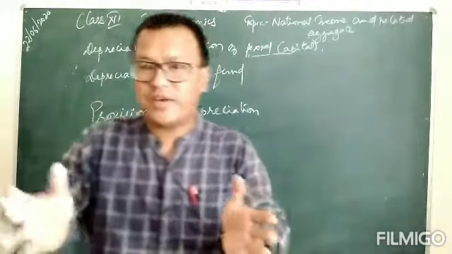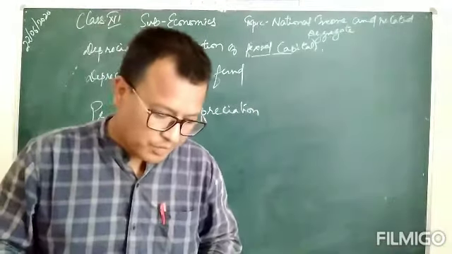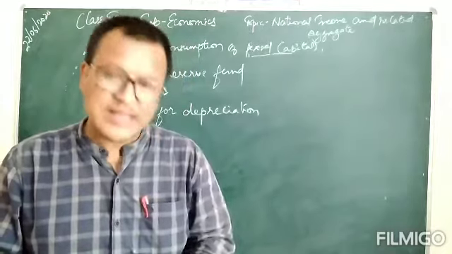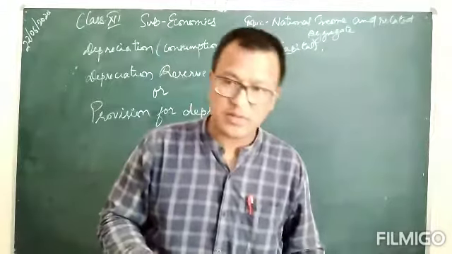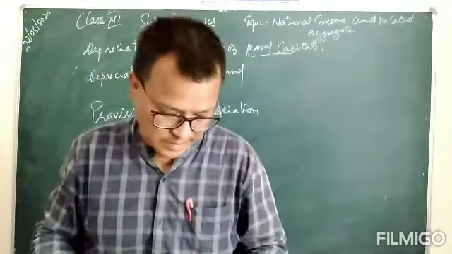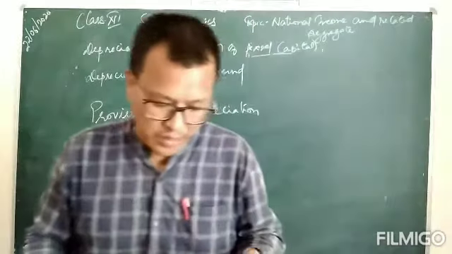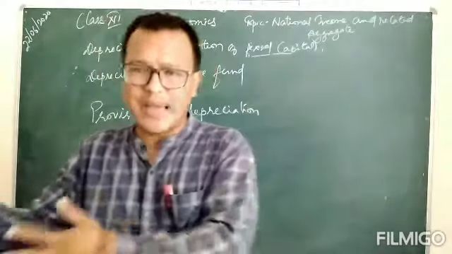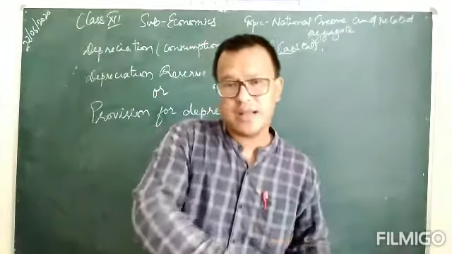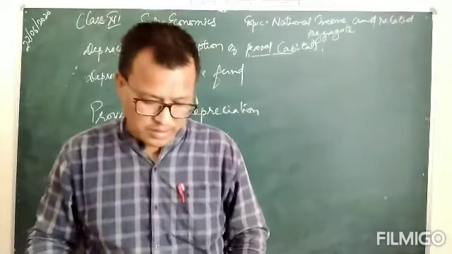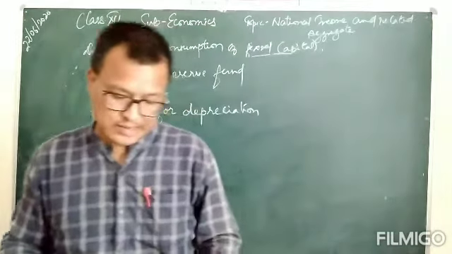Whatever the life period of that fixed asset, after that time the consumer needs to replace that asset. So for replacement of fixed assets, a provision of fund is made to enable the producer to buy new assets after the expiry of the old assets.